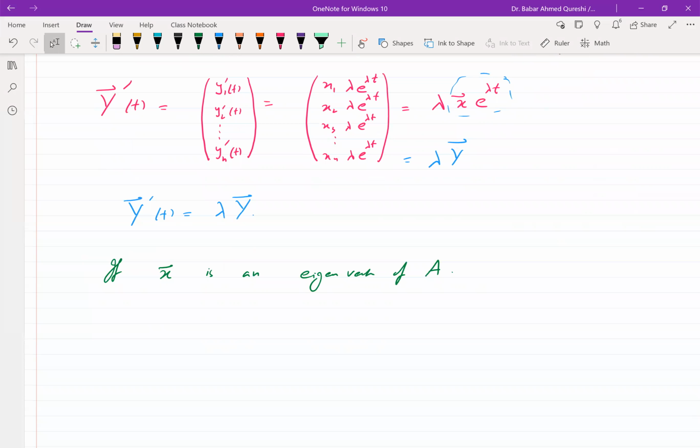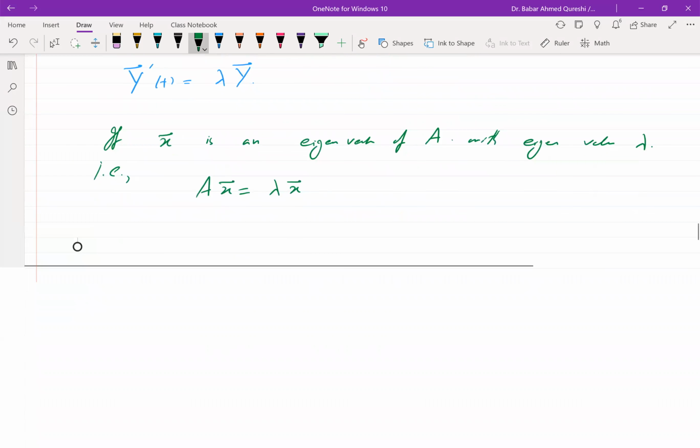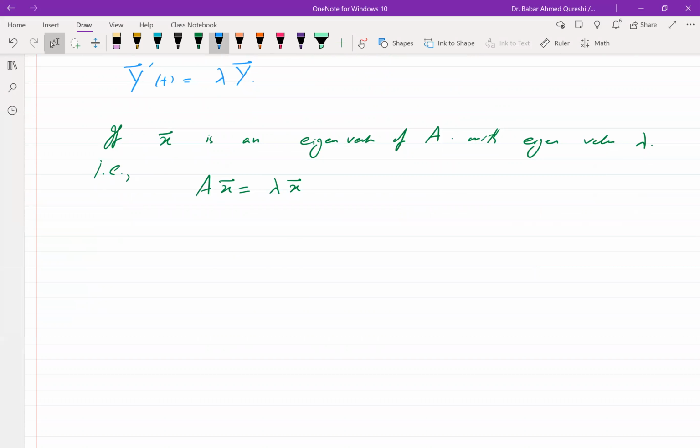If it's an eigenvector of A with eigenvalue lambda, where x is just the column of all the constants, x1, x2, x3, xn, which I had chosen, then see what will happen.